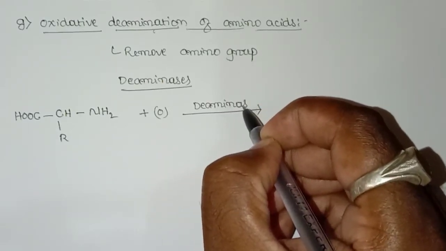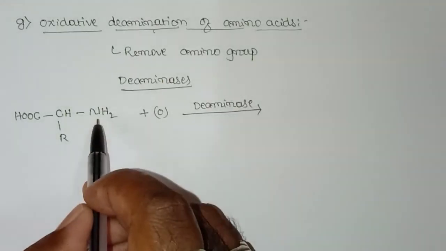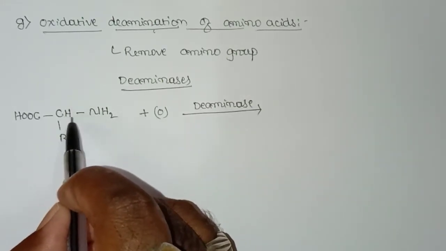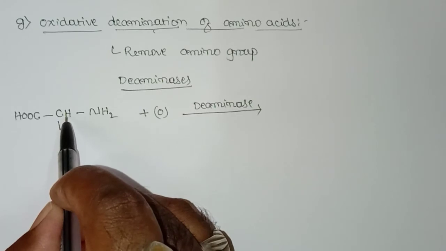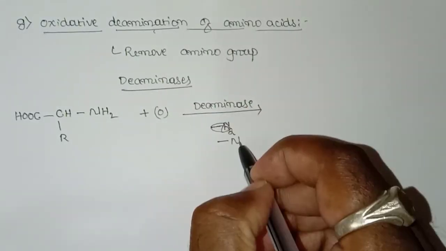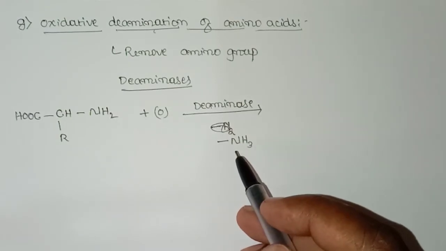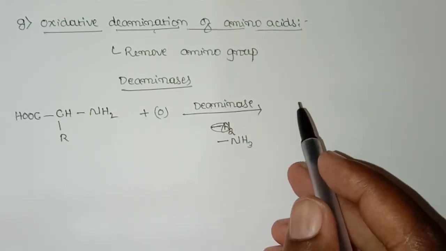In the presence of this enzyme, the NH2 group present in the amino acid will pick up the alpha hydrogen, resulting in the elimination of NH3, that is ammonia, which will be further used in the urea cycle.